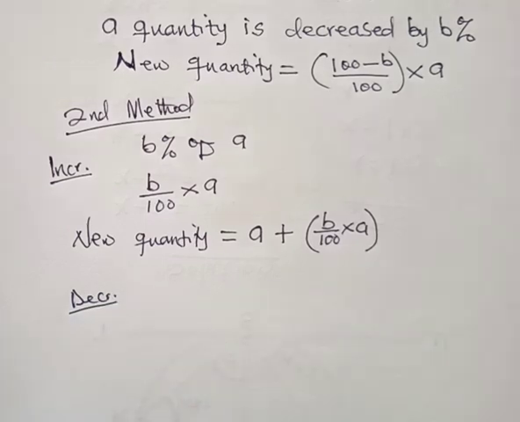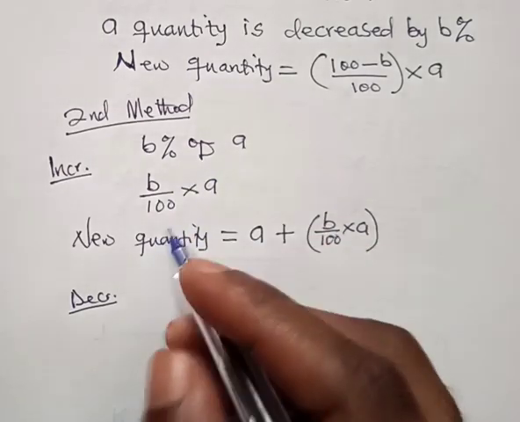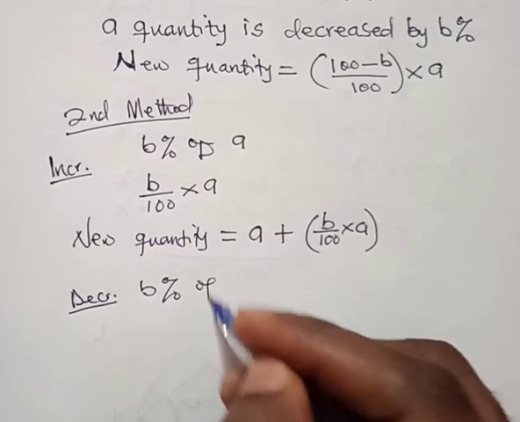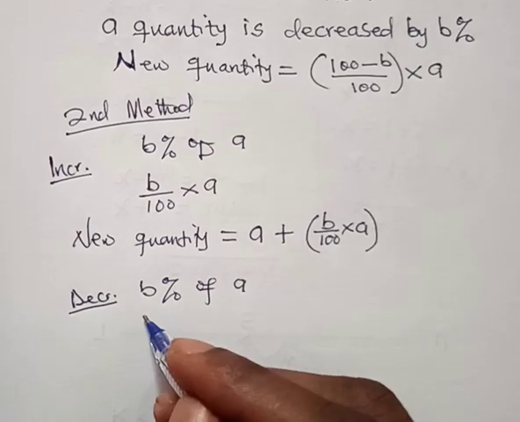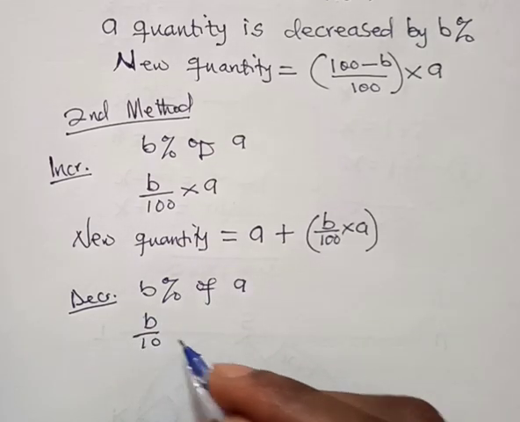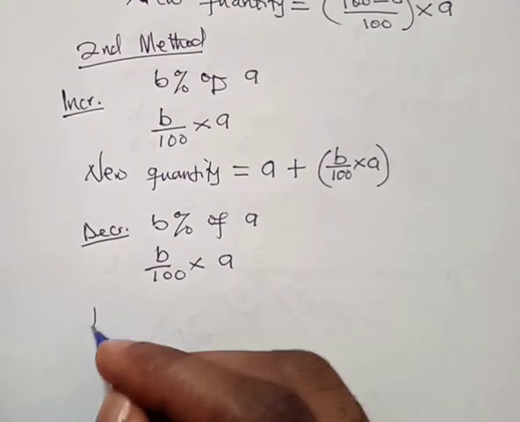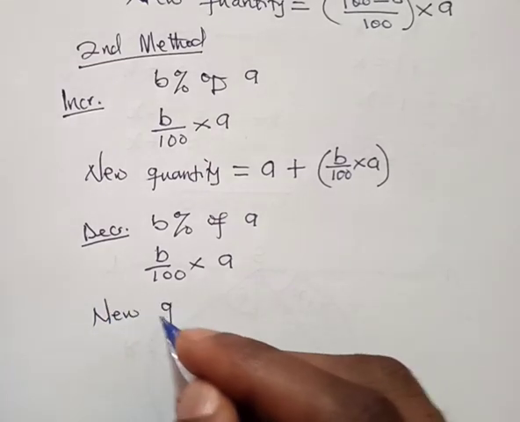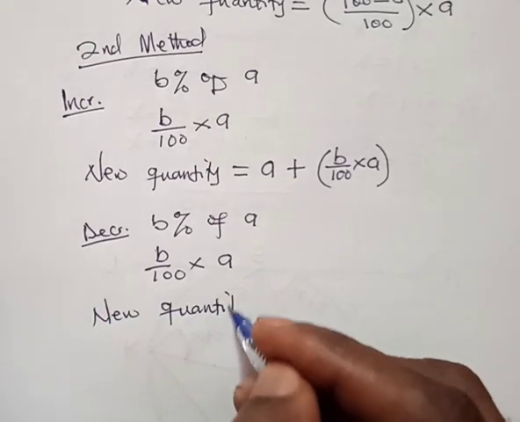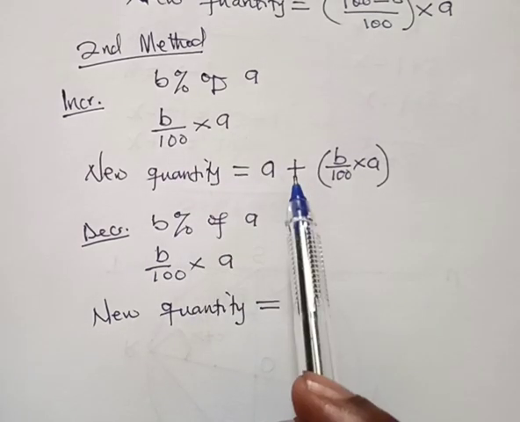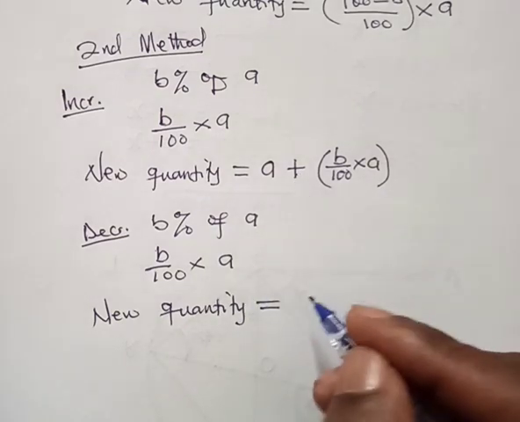For the decrement, the same principle. What you do is you still find the B% of the original quantity, which gives us B divided by 100 times my A. Then for the new quantity, since for the increment we add, for the decrement we subtract.